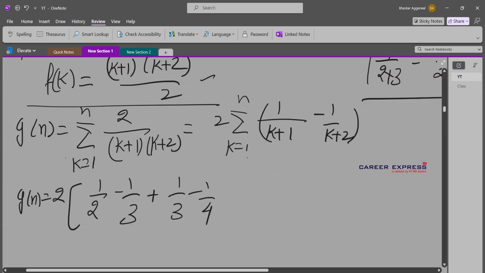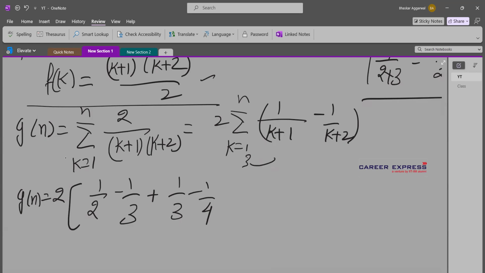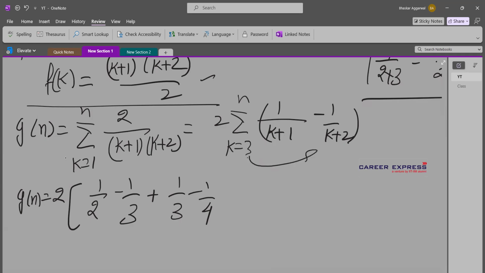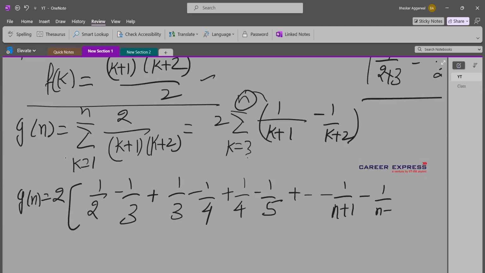Then k equal to 3, 1 by 4 minus 1 by 5, and so on. The last step, when I replace k equal to n, will be 1 upon n plus 1 minus 1 upon n plus 2.